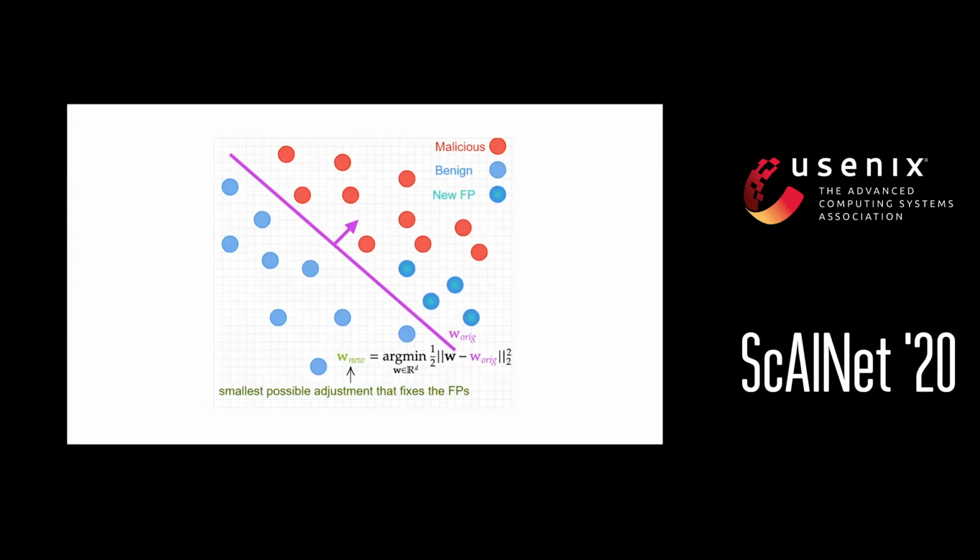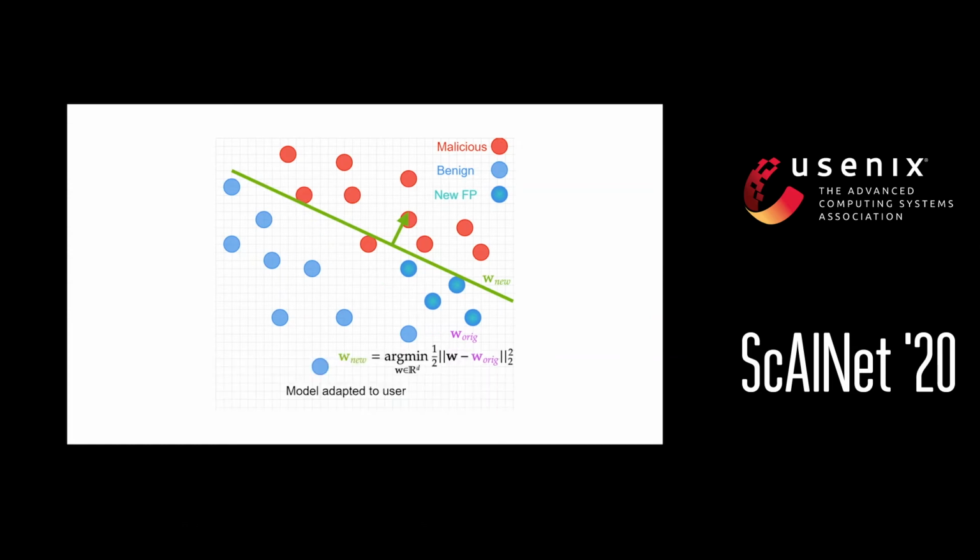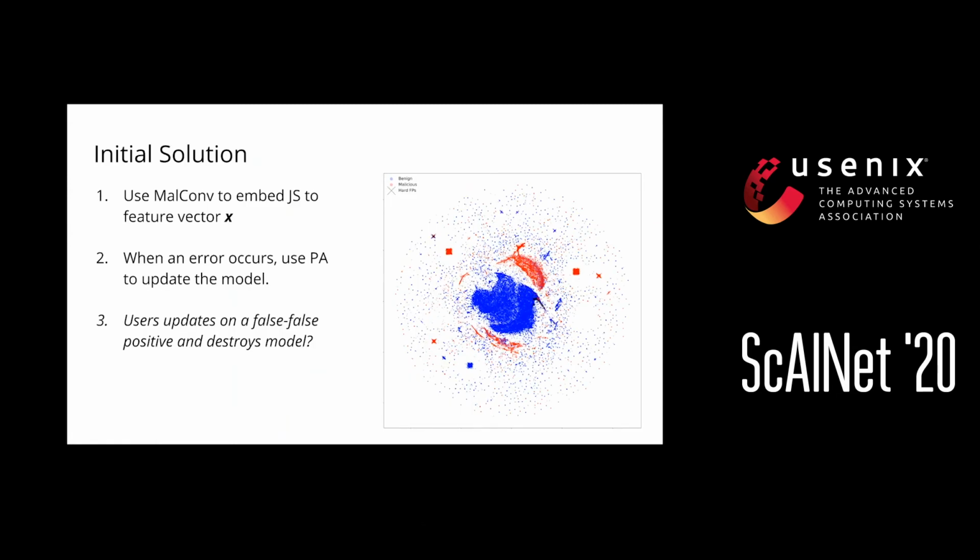So what we're going to do instead is the passive-aggressive update, where the new weight vector is the minimum norm change, and then this gets us a better overall solution that corrects the errors with hopefully minimal new false negatives. And now we have a model that's been adapted to the local user. So that's basically the strategy.